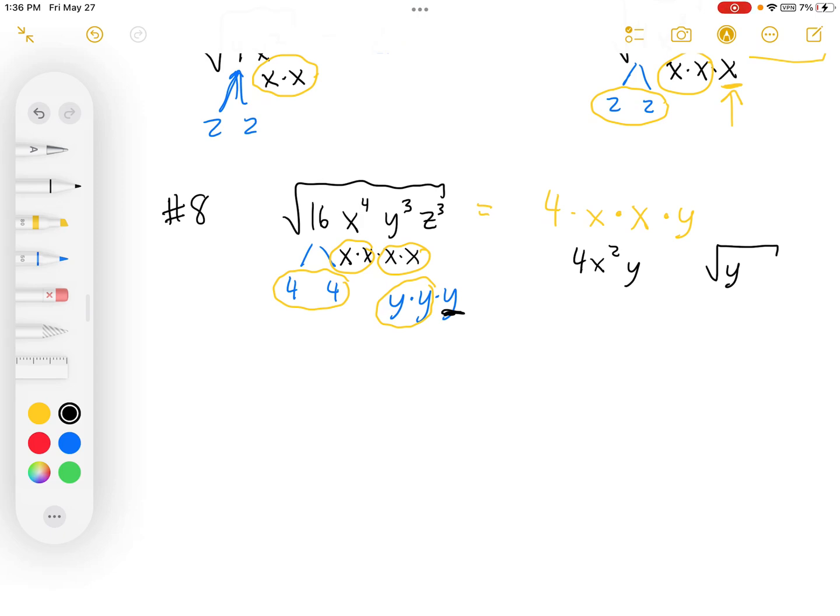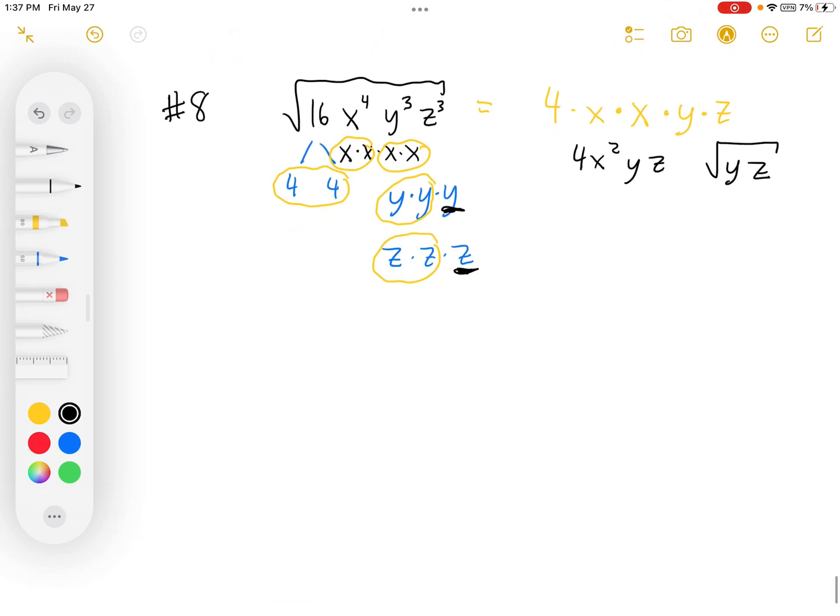We can do the same thing with the z's. Z cubed, that's the same thing as z times z times z. We once again look for a pair. We have a pair of z's, so that means one z goes on the outside, and one z has to stay on the inside because it doesn't have a pair.